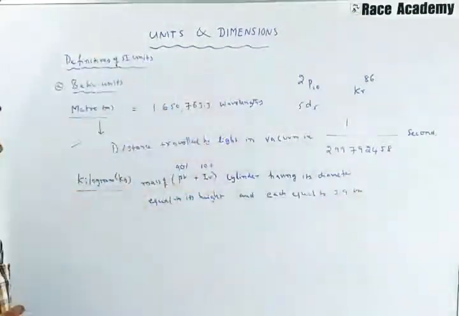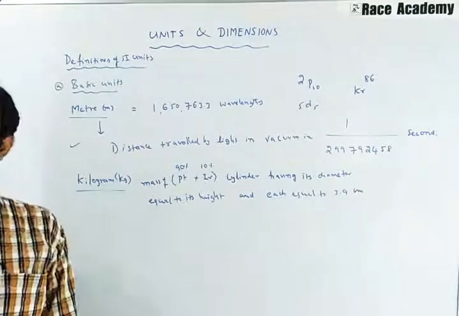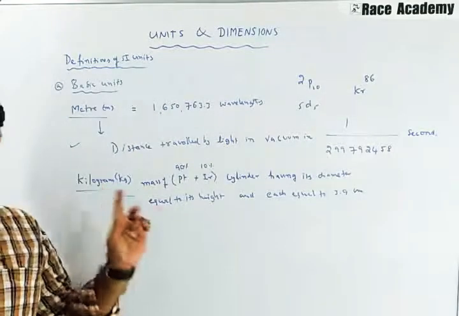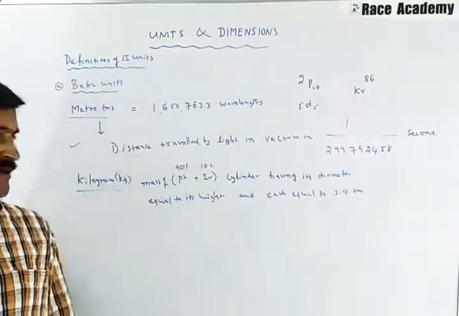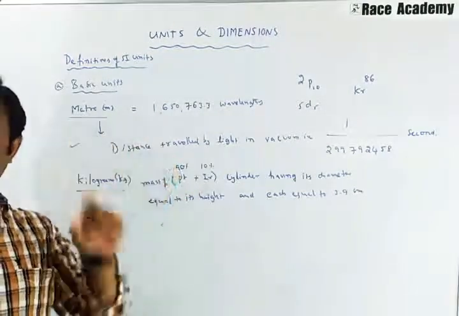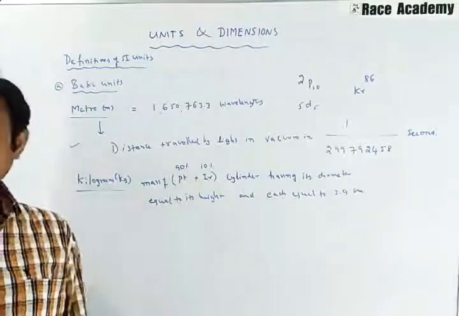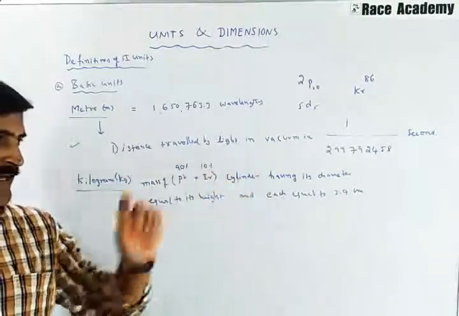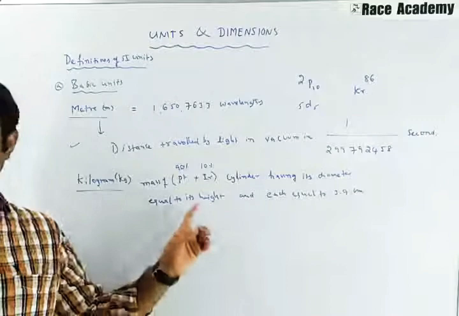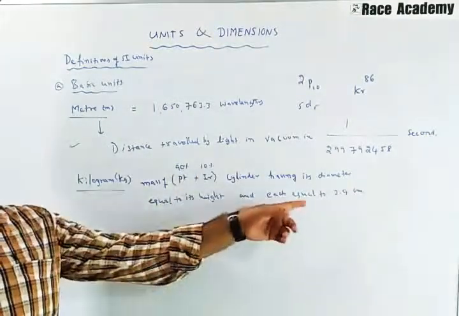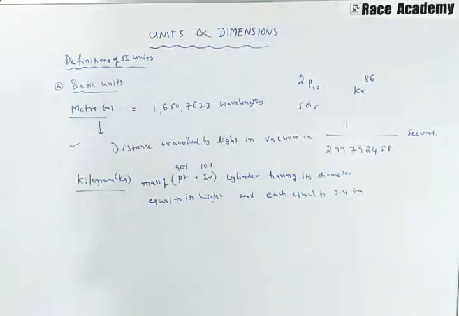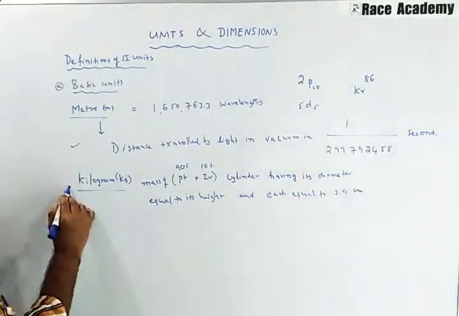The kilogram is the mass of a platinum iridium cylinder containing 90% platinum and 10% iridium, having its diameter equal to its height and each equal to 3.9 centimeters. Okay, this is the second one.